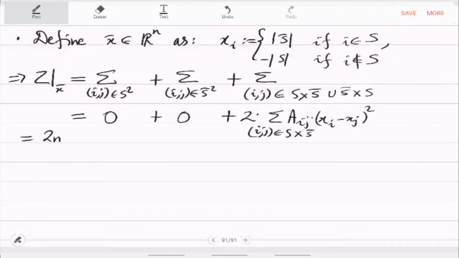So you get this equal to 2n square times sigma aij, where sigma aij is the normalized adjacency matrix, right. So it is either 1 by d or 0 for every entry.